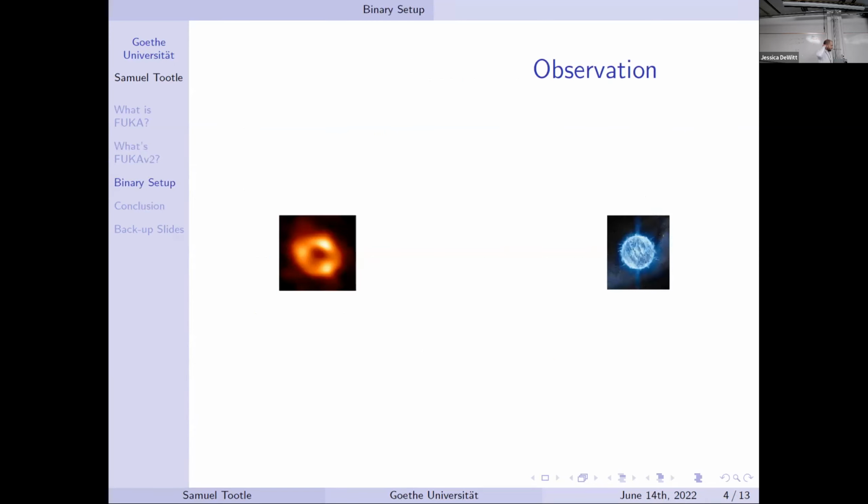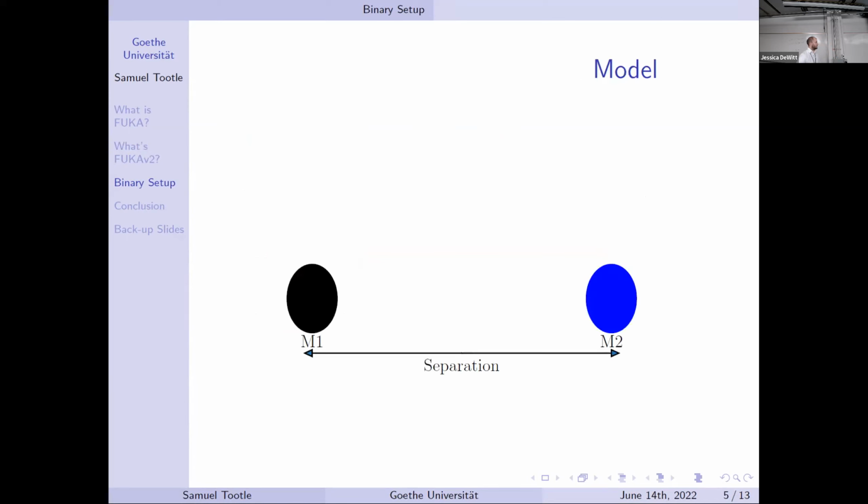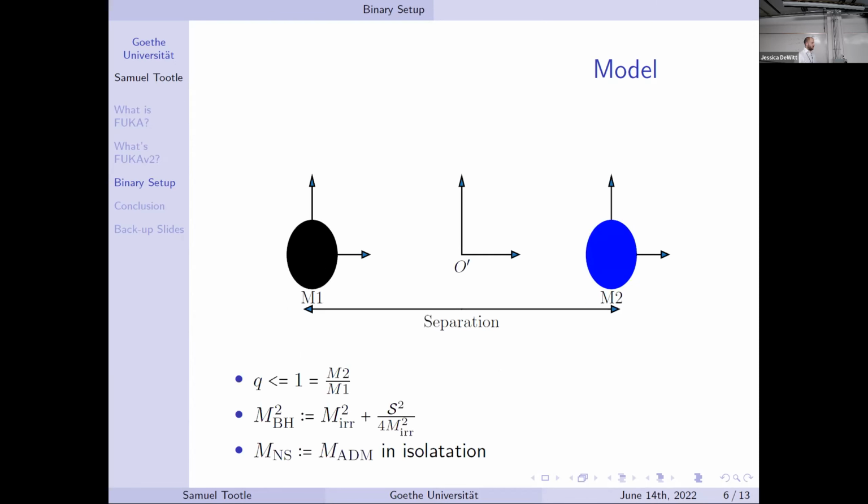So when considering binaries, we want to look at a system, either something that's been observed or maybe will be observed, and astronomers get to look at nice pictures, but we work on computers, so we need something that's easier to work with. So this is our pretty picture, where we have two components with two different masses and a given separation. Obviously, we need some sort of a coordinate system for this. So we have the measurement, the binary frame, as well as the local frames on the two objects.